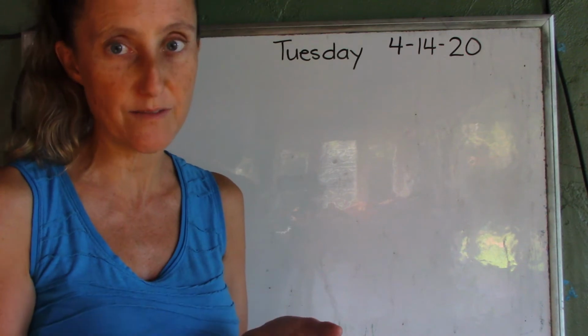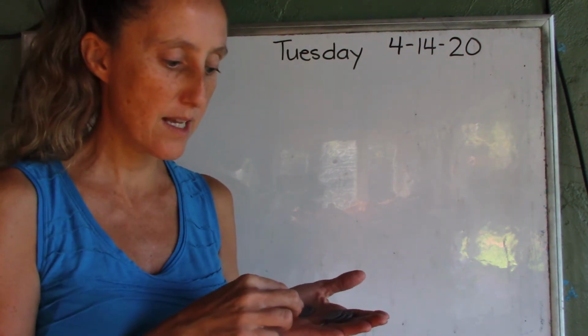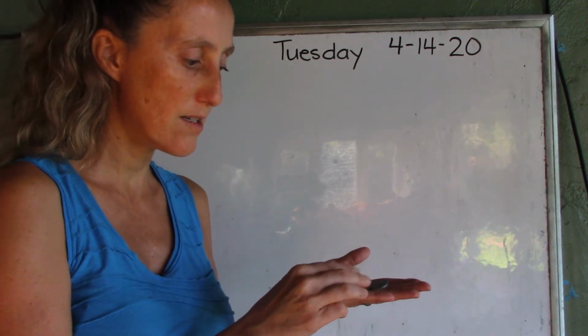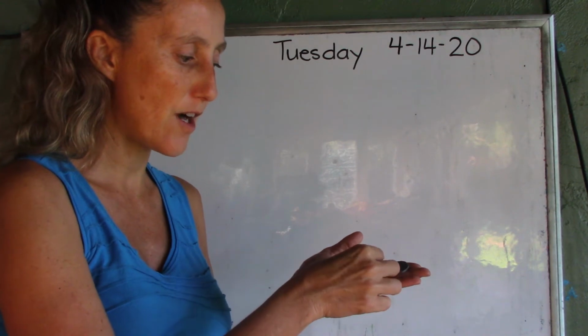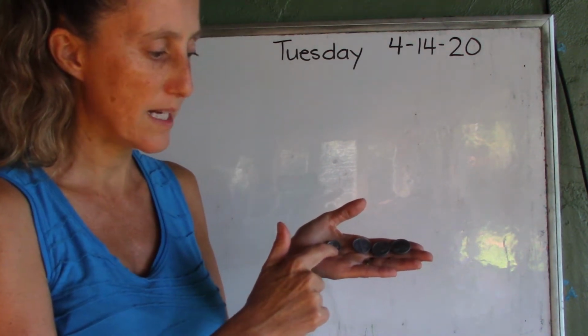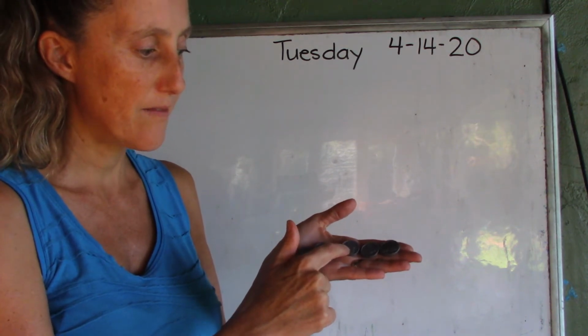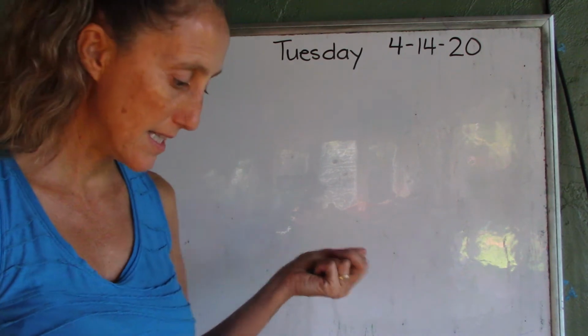So one way we can figure that out is 20 plus 15, or we can count our dimes and then keep counting on by 5s for our nickels. We could go like this. 10, 20, 25, 30, 35. Let's see if we got that right.